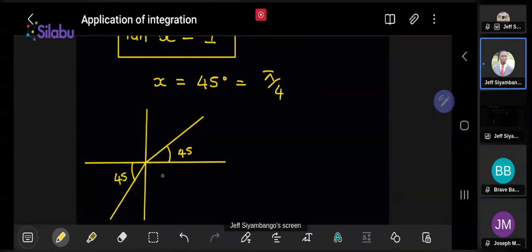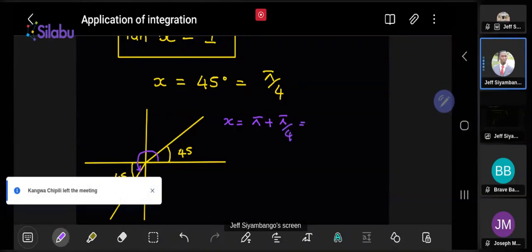Now, if 45 is here, what would be the angle measured from the positive x? From the positive x, this would be 180 plus 45. In other words, the second value of x will be 180, which is pi, plus 45 again, which is pi over 4.